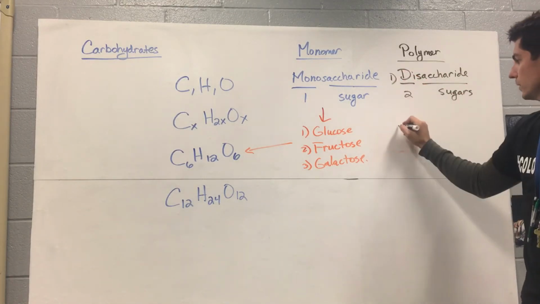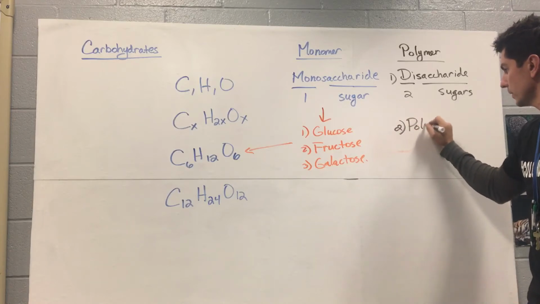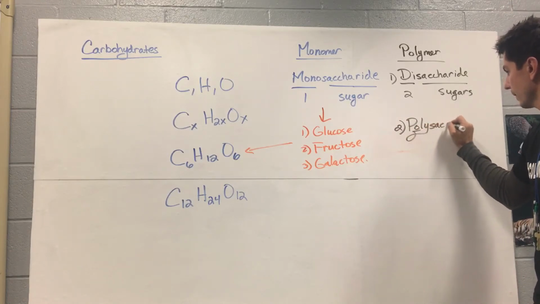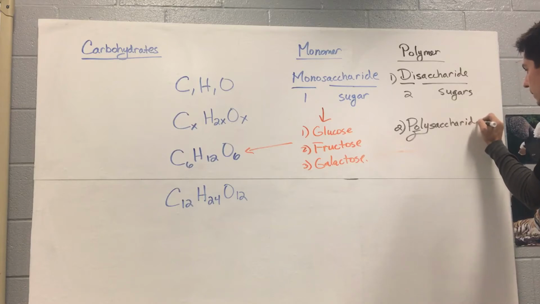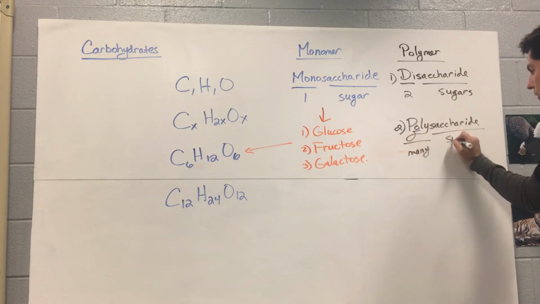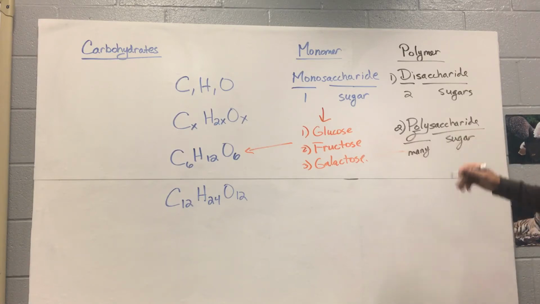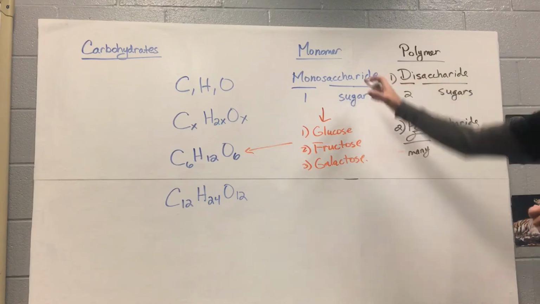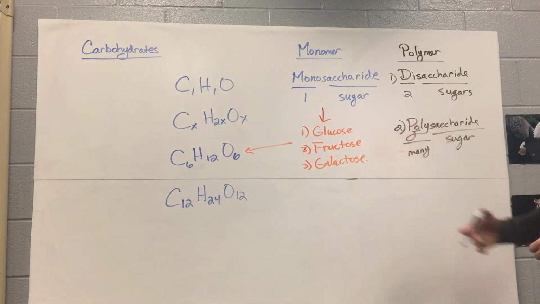Okay, that was our first one. And then our second one was a polysaccharide. Okay. Poly means many, and once again, saccharide means sugar. So if you notice, with all these carbs, the thing that we're seeing common is saccharide, saccharide, saccharide. Anytime you guys see saccharide, it's automatically a carbohydrate, right?